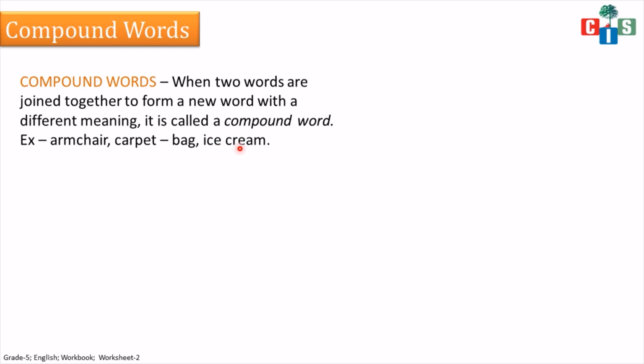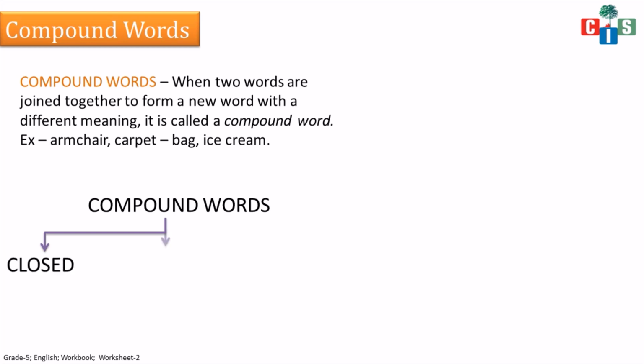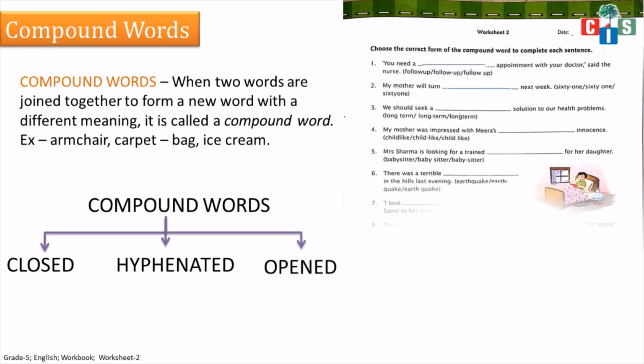When we join these words with one space, we have a new word, that is ice cream, with a different meaning. Compound words are of three kinds. First of all, closed compound words, second, hyphenated compound words, and third, open compound words.